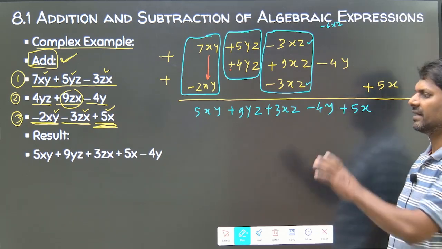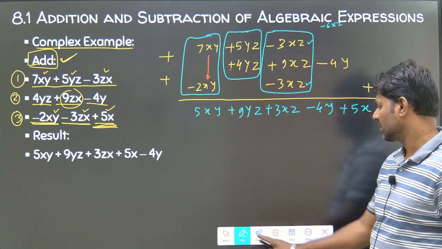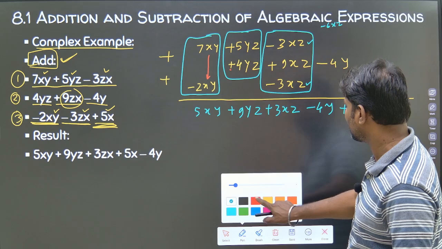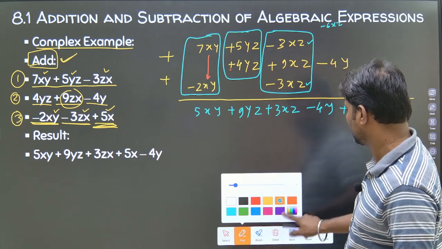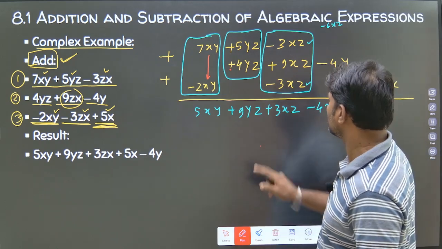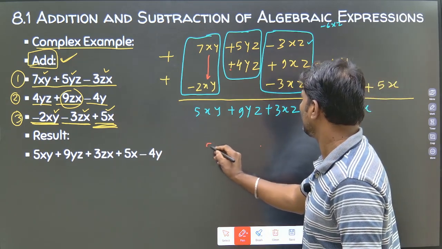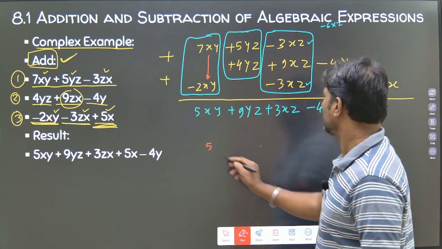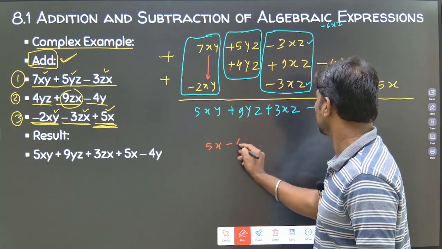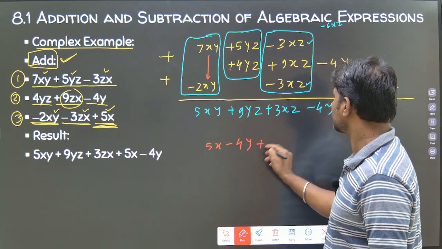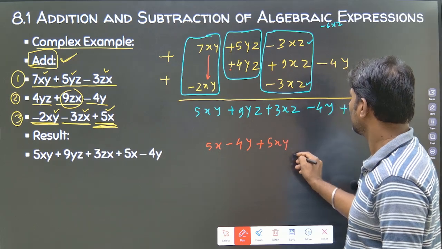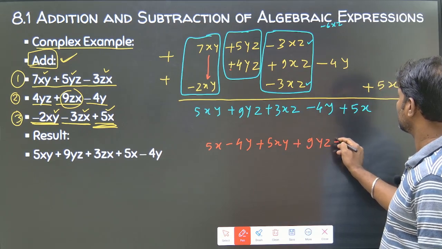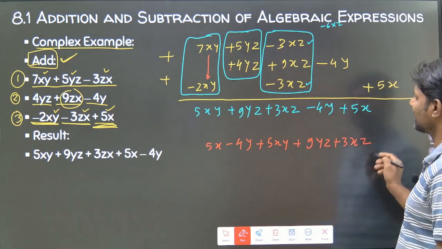So you can write in any order. For example, as per alphabetical order, if you want to write, you can write 5x minus 4y plus 5xy plus 9yz plus 3xz, like this you can write.